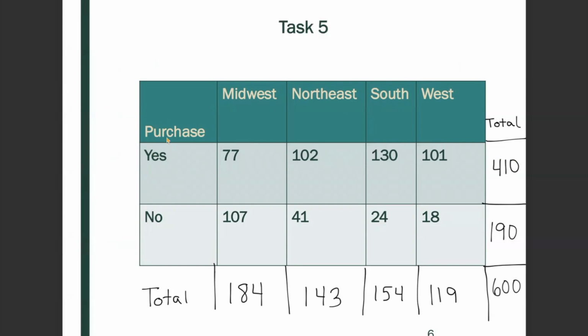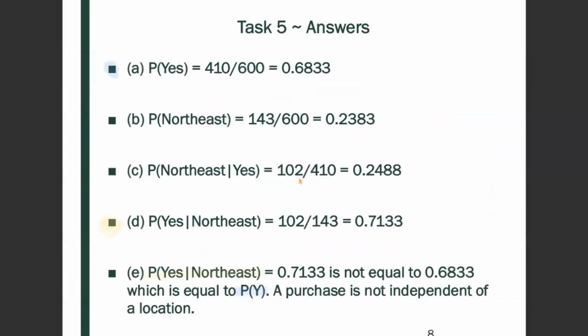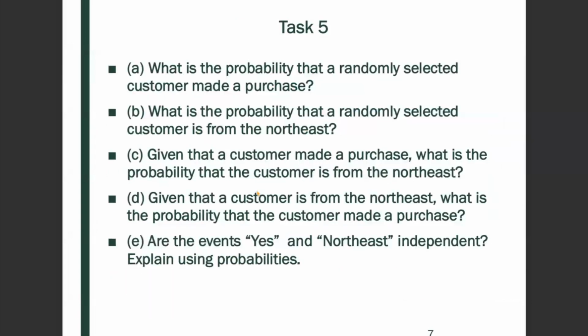I said column earlier, but since the yes is a row, 410 would be the denominator. And so we want to know, again, given that the customer made a purchase, what is the probability that a customer is from the Northeast? So here we would have 102 divided by 410, which is 0.2488.